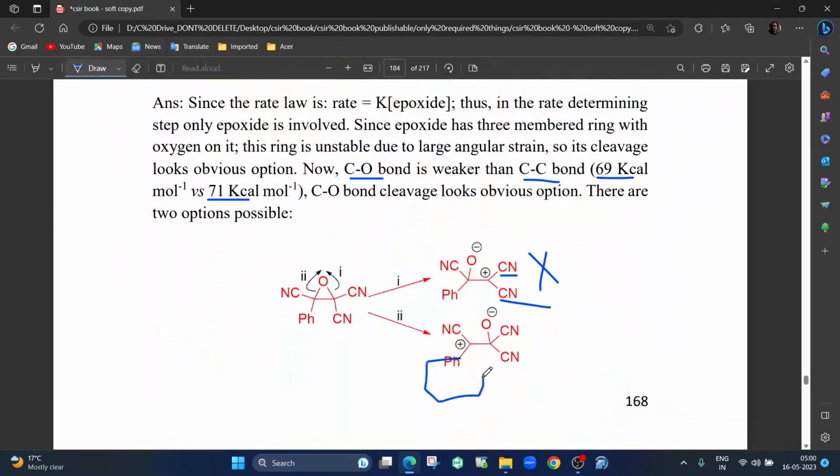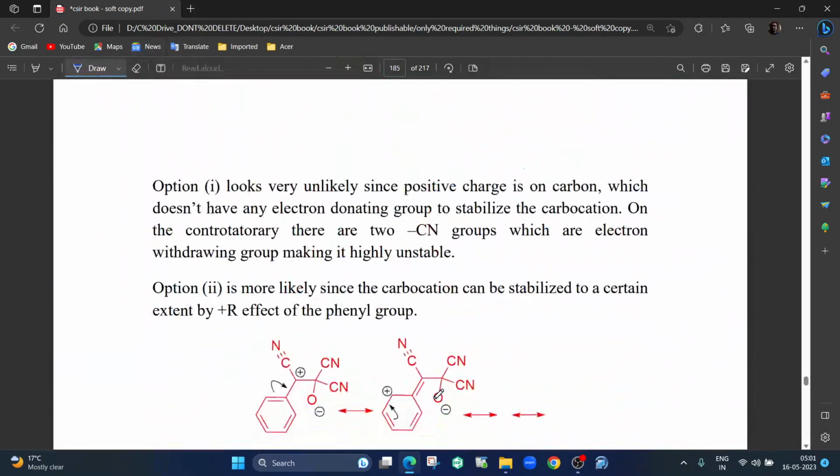Ph is your phenyl ring, right? Now the phenyl ring can donate electrons and stabilize this carbocation so that the positive charge is delocalized over 4 carbon atoms. So each carbon is having only 1/4 positive charge. That's much more stable than one small carbon atom having one full positive charge. Then what happens?